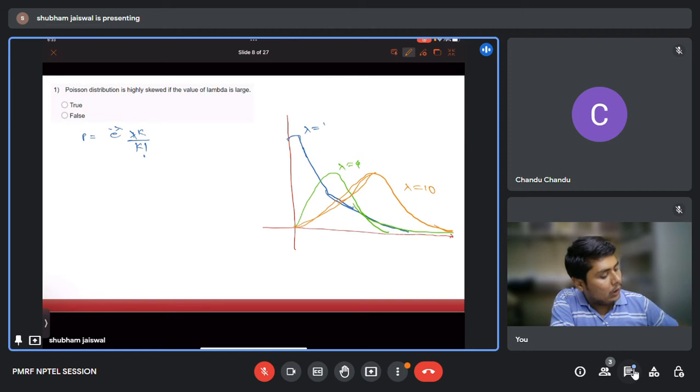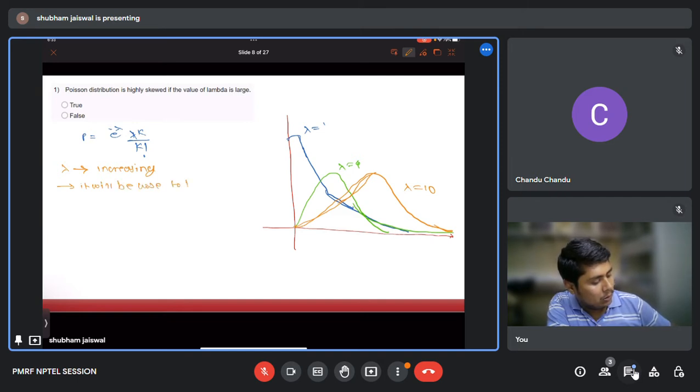So as we can see, as lambda is increasing, the Poisson distribution is shifting towards the normal distribution. Okay, it will be close to the normal distribution.